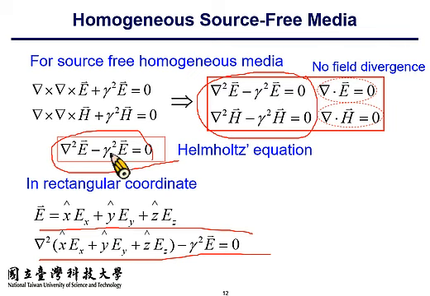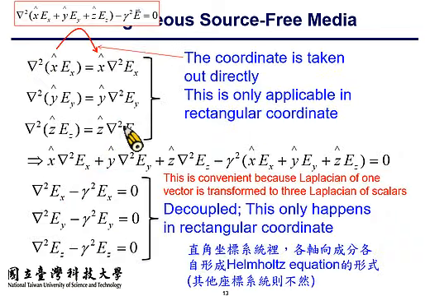The Laplacian of the vector E can be divided into three scalar Laplacians. Okay, so this is the scalar Laplacian. As you can see here, the coordinate can be taken out directly, but this is only true for rectangular coordinate.